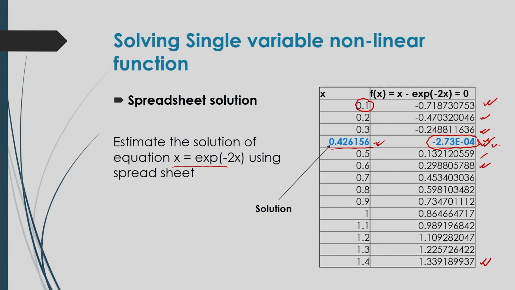So in this way we can find out the solution of this nonlinear equation. This is called the spreadsheet solution, but it is trial and error. It will take a lot of time to find the solution of this nonlinear equation.